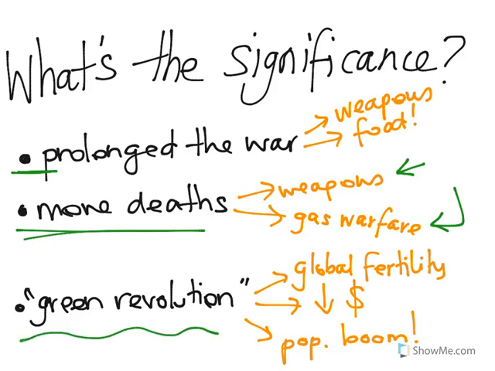Now, the Green Revolution started about a few years after World War I ended. And essentially, we took the Haber process and we created global fertility. So we were able to take the ammonia and the nitrates, synthetically create fertilizers that could be made in countries to fertilize their land, which essentially made more land fertile.